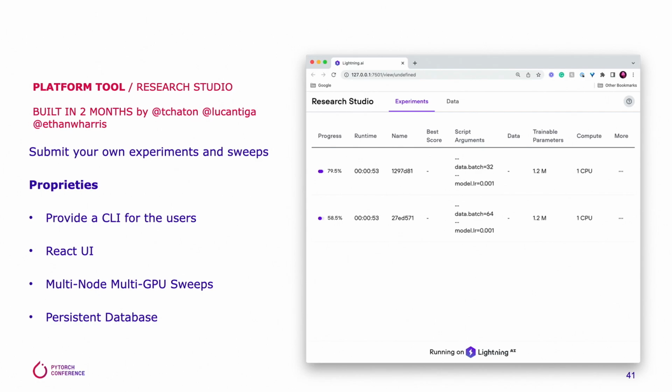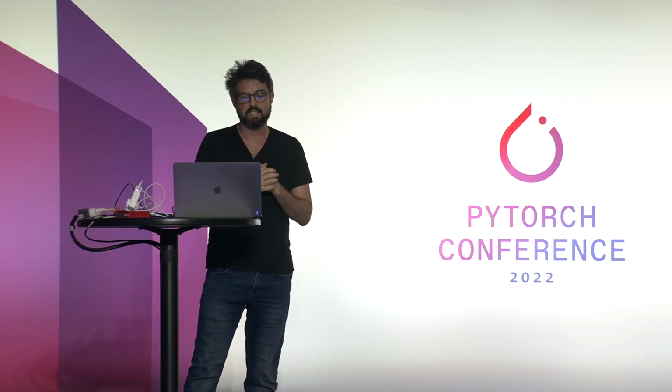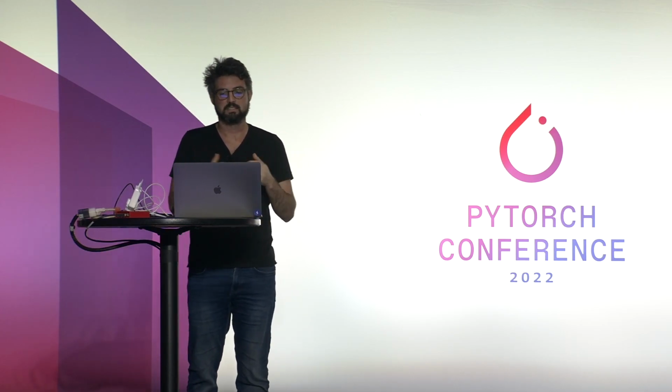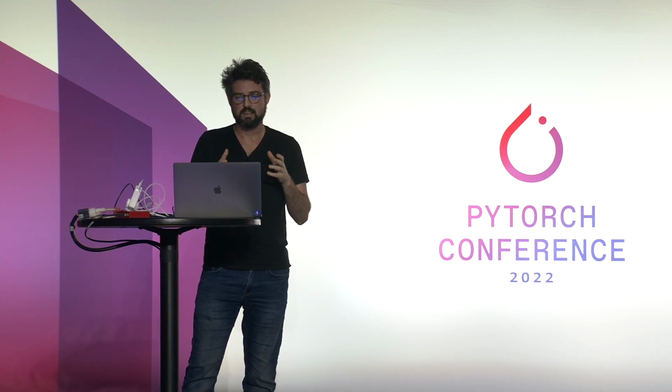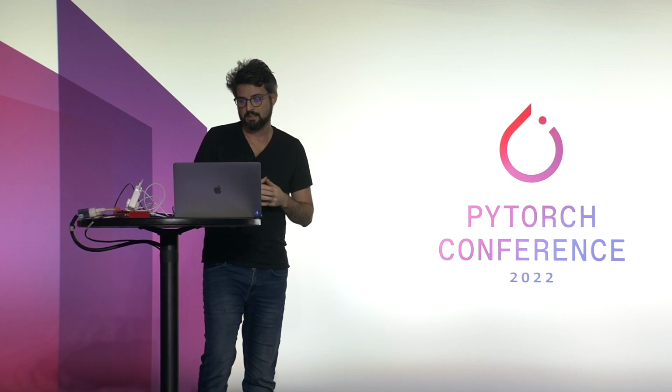And finally, we wrapped all of that into an app with its own CLI so people can launch sweeps directly from their own files. So this app provides a CLI for users to connect to, a React UI, multi-node, multi-GPU sweeps, and a persistent database. And what's really interesting is this app can be very easily adapted because it's fully written in Python.